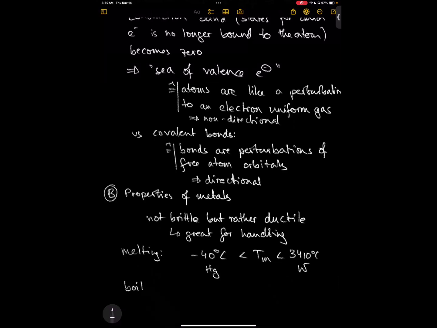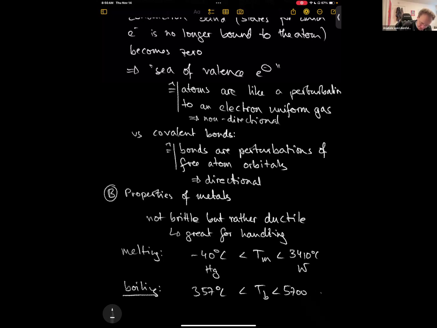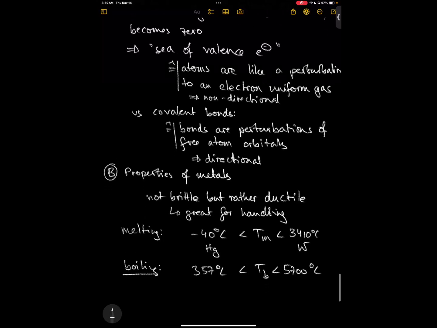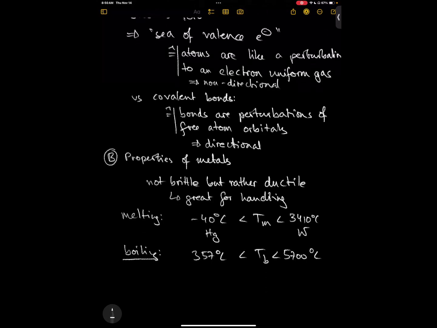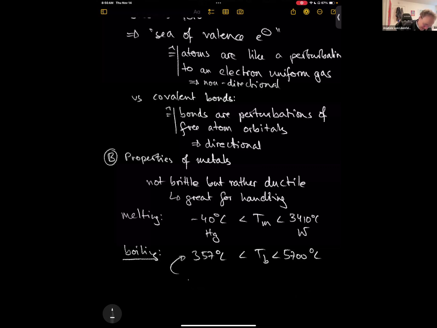And in boiling, you would have to go up to 357 degrees Celsius for mercury and to 5,700 for tungsten. So this boiling temperature means that these are not volatile.